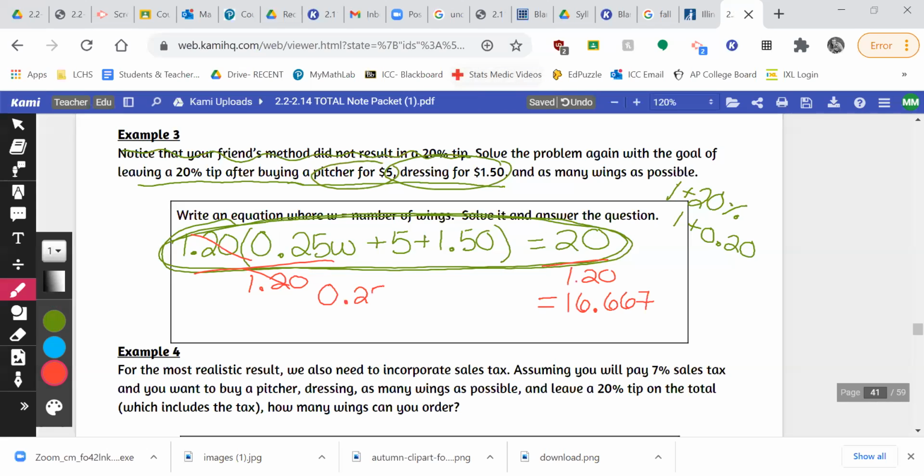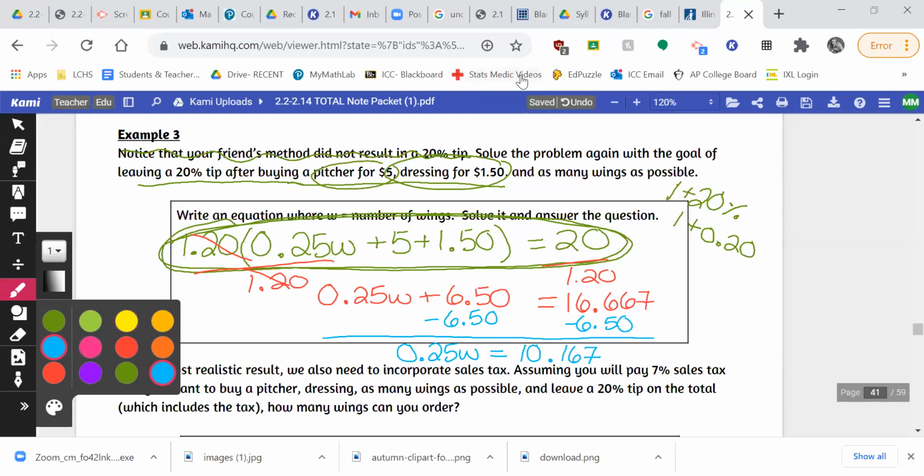And we still have what's left on the inside of the parentheses. And I'm going to go ahead and add those two together. Okay, now we just have a two-step equation. So I'm going to subtract 6.50 from both sides. So we have 0.25W equals $10.167 left.